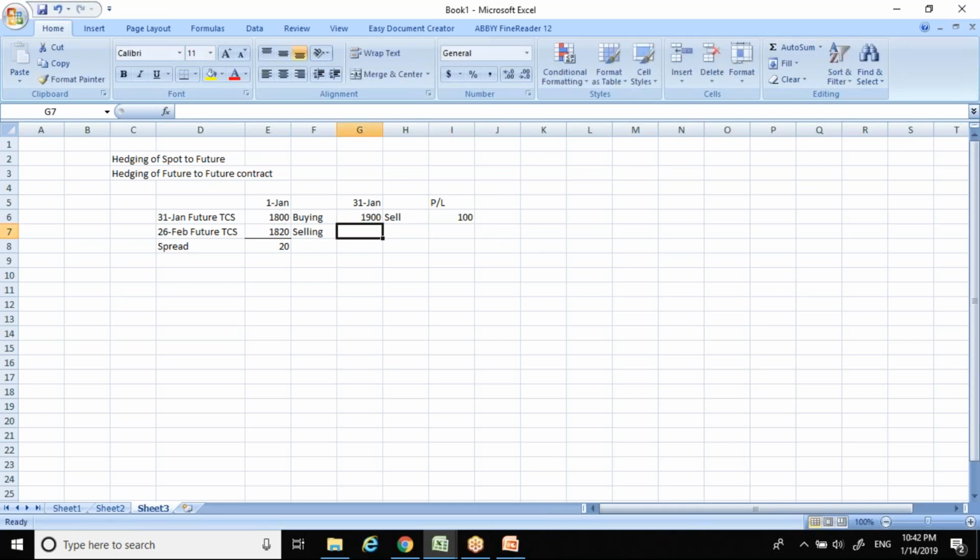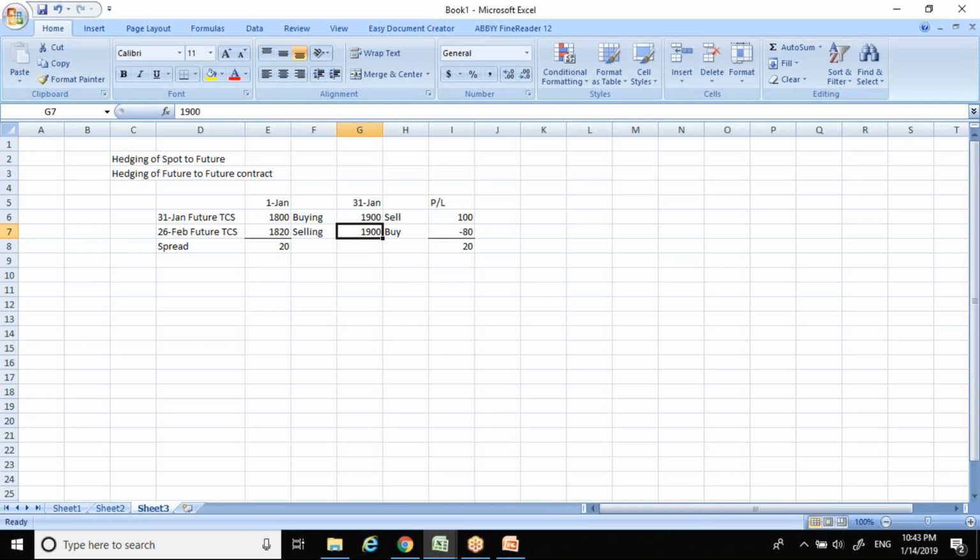And on 31st of January, let's suppose the other contract is also 1900. To close your position, you're going to buy it. Selling price minus the buying price, so you are actually losing 80 rupees here. So your net profit and loss would be this plus this, that is around 20, which is this spread here.